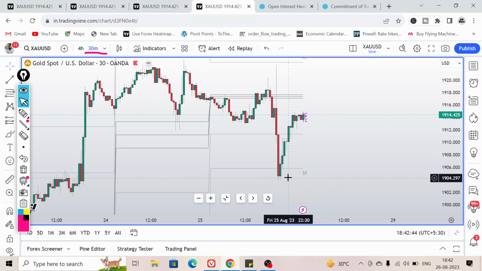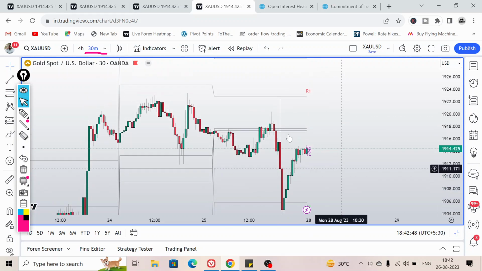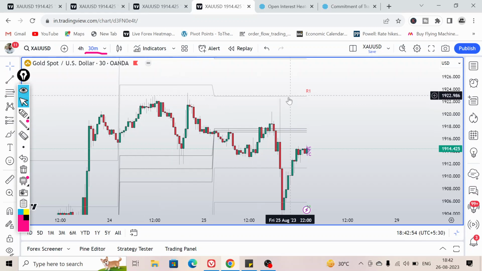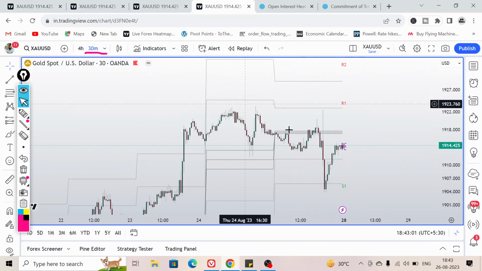Or for a safe sell, we wait for it to break down this low. If you want to look only for sell, then we have to watch this level. Under this level we can look for sell. So this is the scenario on the intraday level.